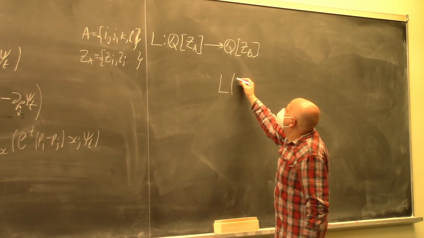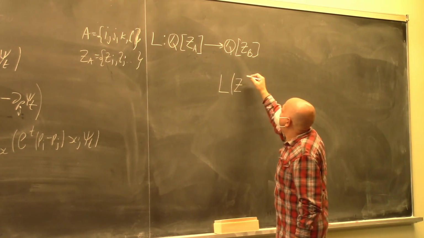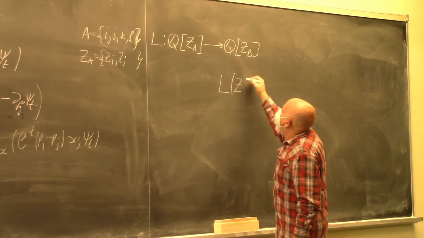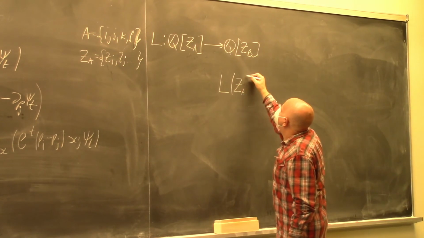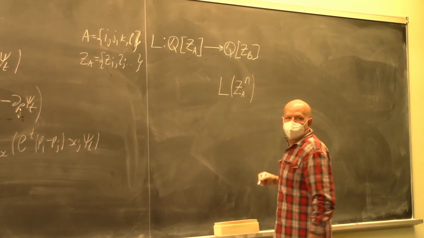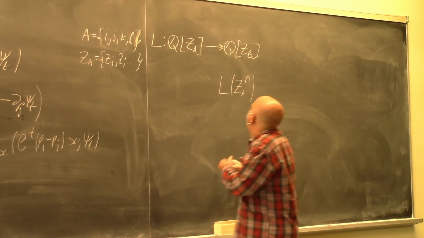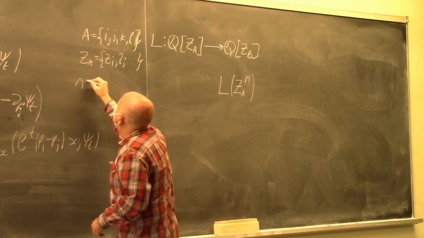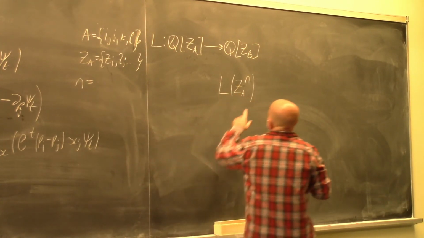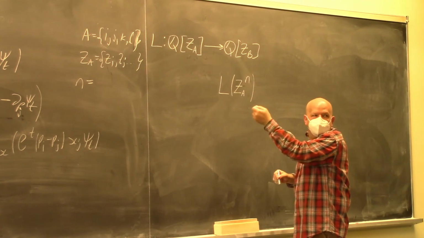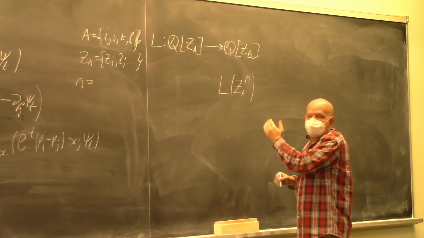So I need to know what is L of Z sub A to the power n, where n is really not a single integer, but a tuple of integers.